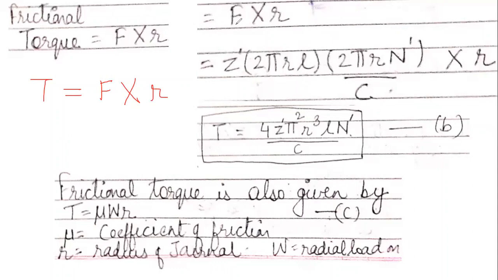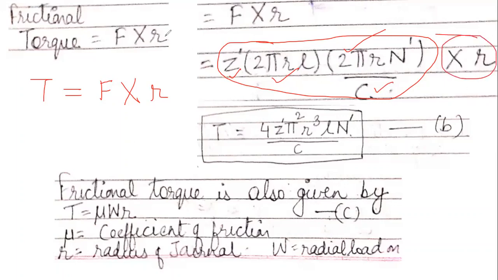We have derived the value of force in equation A. You can see here z dash is 2 pi r l, that is our surface area, into 2 pi r n dash, that is our velocity, divided by radial clearance, into r. So force into r is our frictional torque.